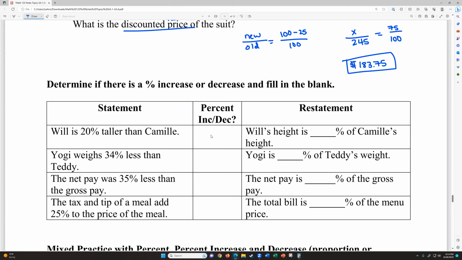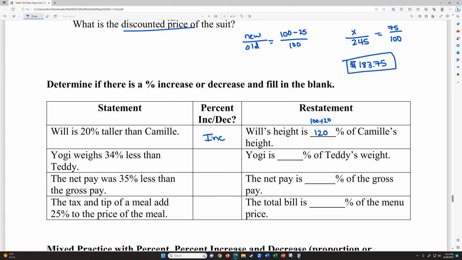For example, Will is 20% taller than Camille. That's a percent increase since we're saying Will is taller than Camille by a percentage. If we want to write that in terms of 100 plus or 100 minus, this would be 100 plus 20. So Will's height is 120% of Camille's height. That's a different way of saying it.